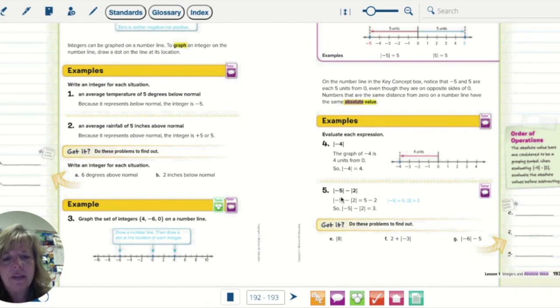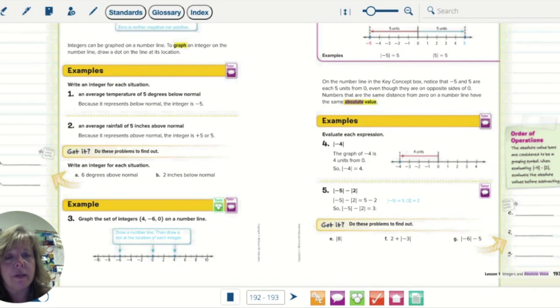The absolute value of -5 minus the absolute value of 2. So what is the absolute value of -5? You're right, it's 5. What is the absolute value of 2? It's 2. So our problem becomes 5 minus 2 equals 3.